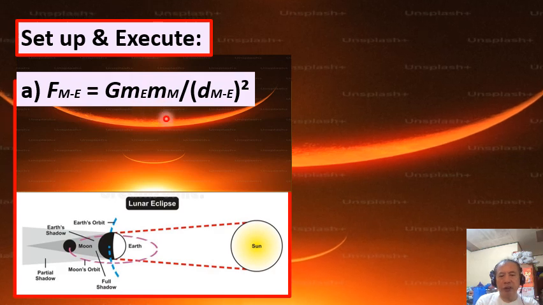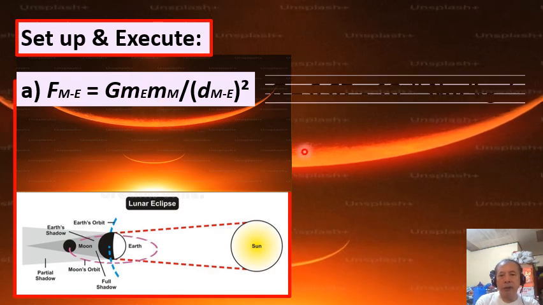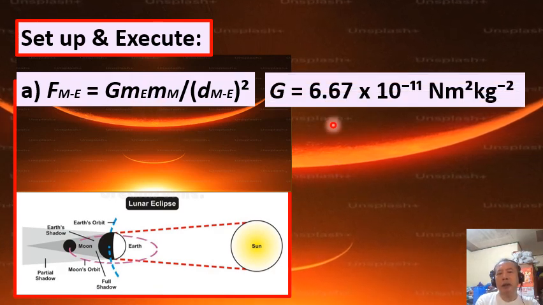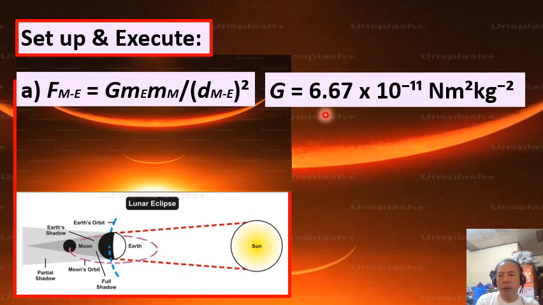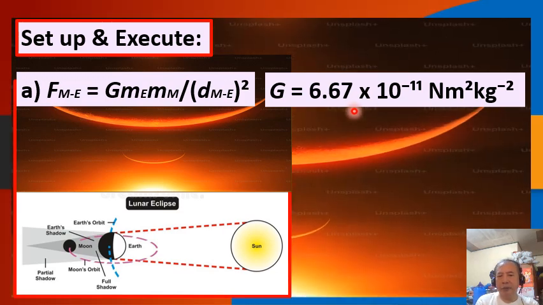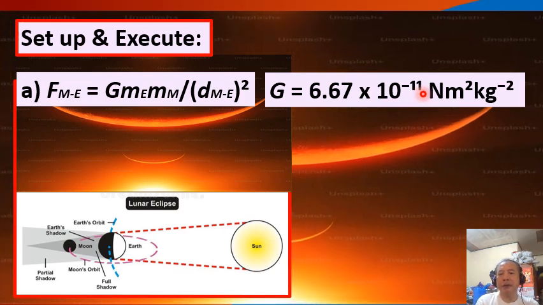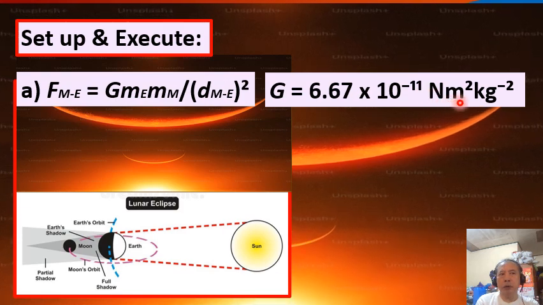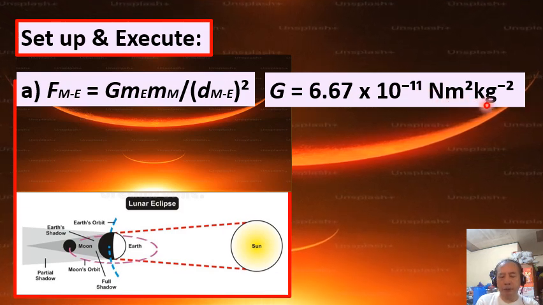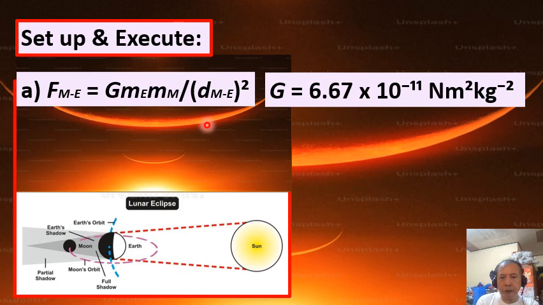The constant capital G has a value of 6.67 times 10 to the negative 11 Newton meter squared per kilogram squared.